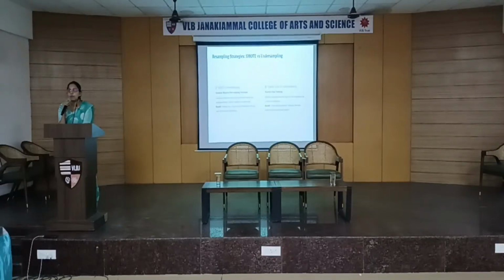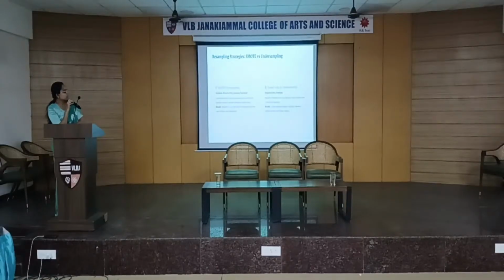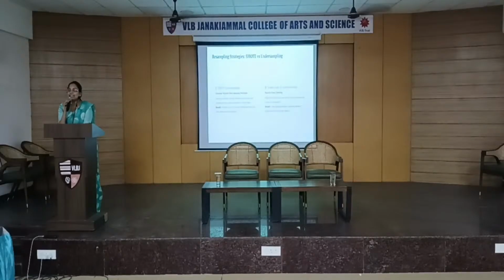If it is not properly available, then it goes with the bunch of cells. So the main purpose of this is to handle the bunch of cells. And Tomek links is nothing but it removes or cleans the boundary of the obstacles we see. So after clearing, it helps to create a crystal clear variable for us.